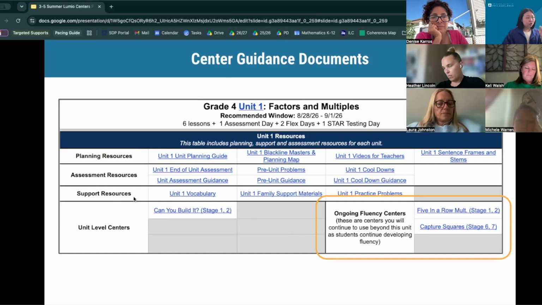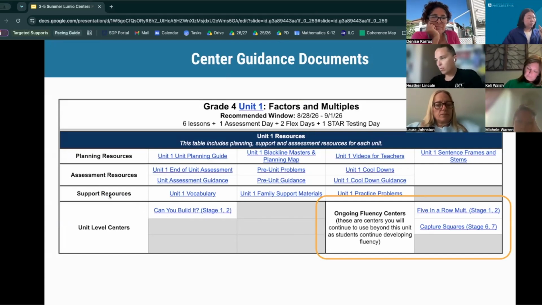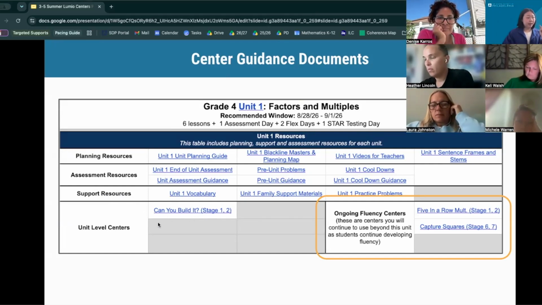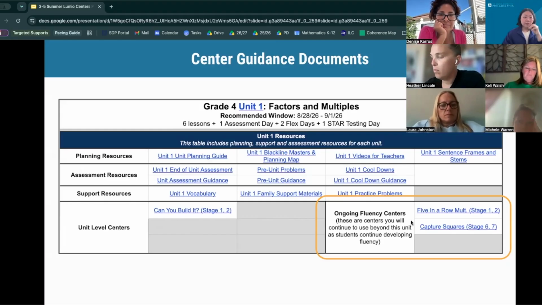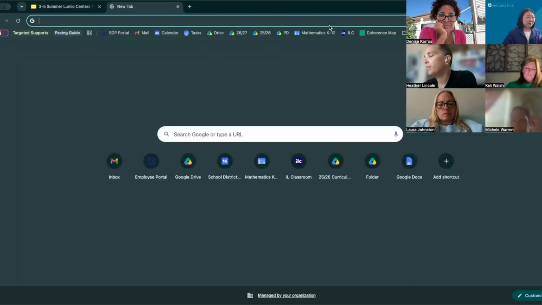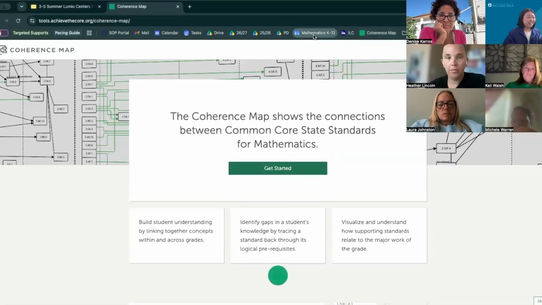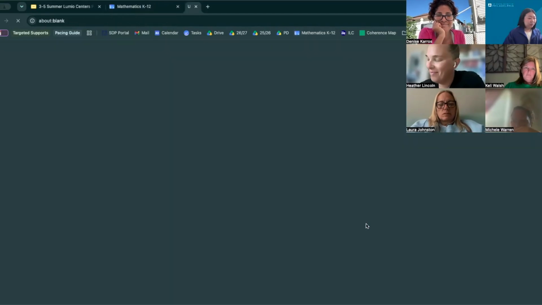Here, in each unit, we've organized our centers by centers that target unit goals and fluency goals. The reason why we did that is our fluency goals, we believe that it's going to take more than a unit for students to be really fluent in all of their facts. So I'm going to just open up the pacing guide, oh, that's not it, this one, to show you.